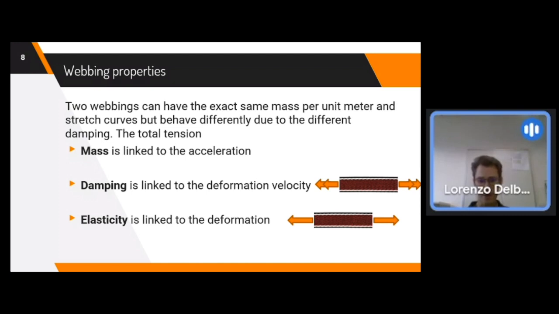And then there's damping, that is the last one, that is linked to the deformation velocity. So imagine a slackline that is continuously stretched, at 10 kilonewtons and then to 5 kilonewtons, for example by a machine that continues to stretch the slackline from 10 kilonewtons to 5. There's damping in that effect, because the total force that you read in the tension is different from the static one, because there's also the damping side.